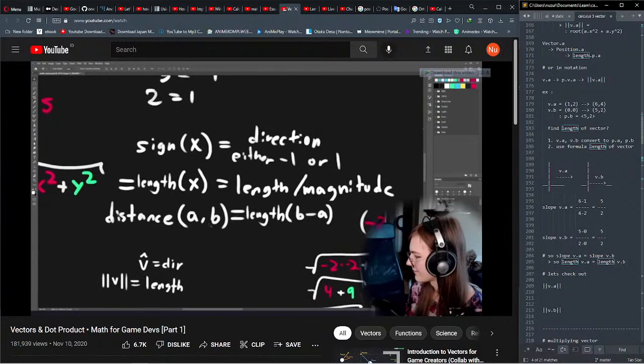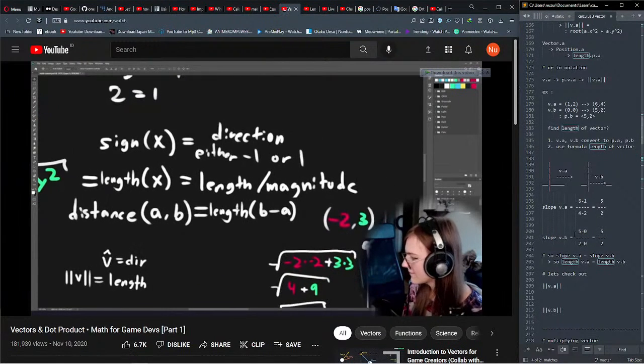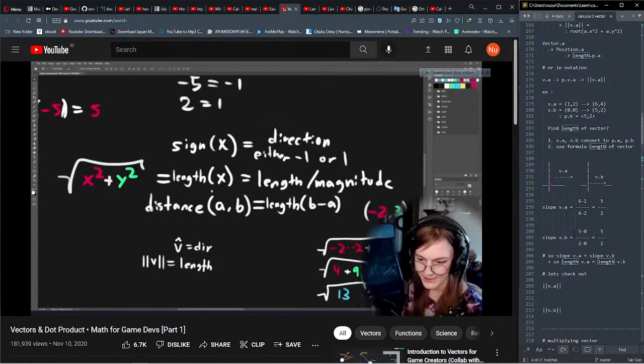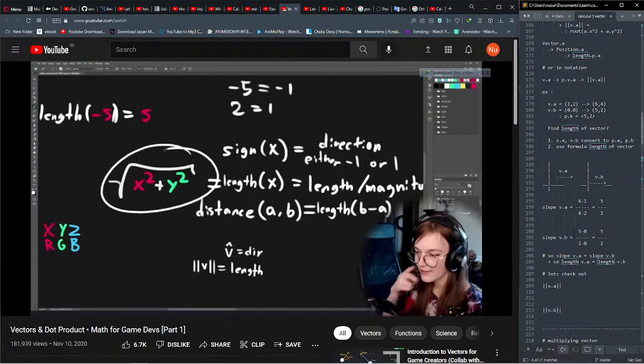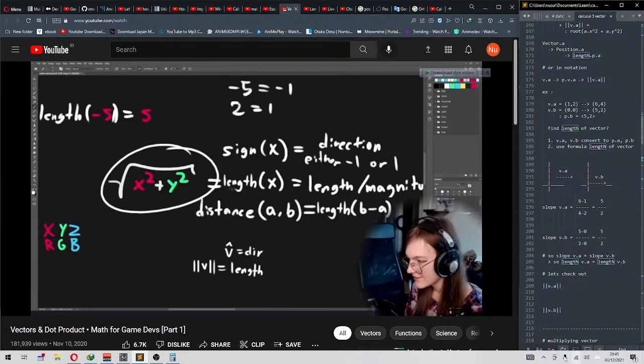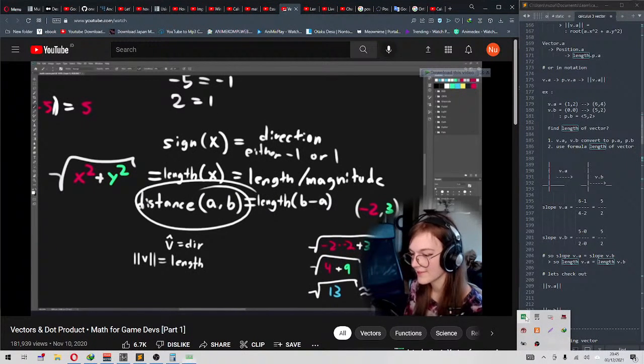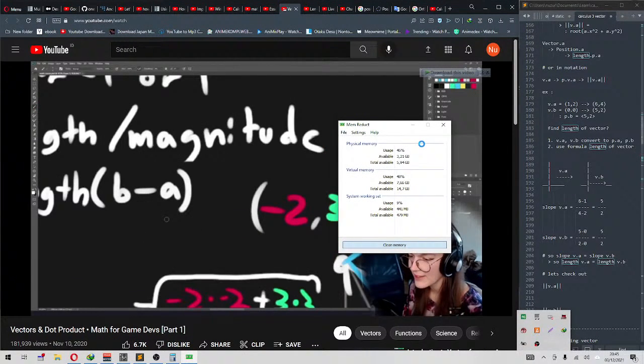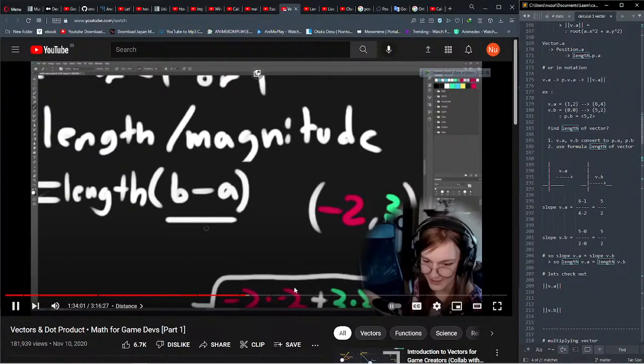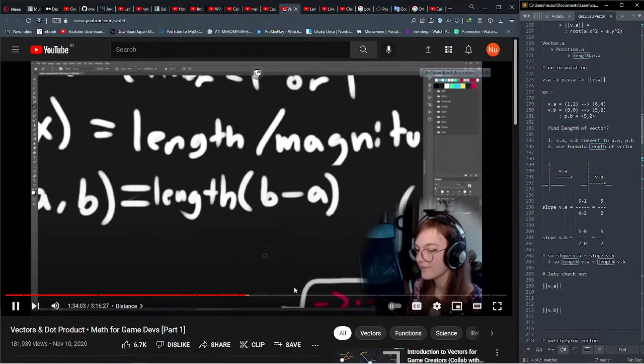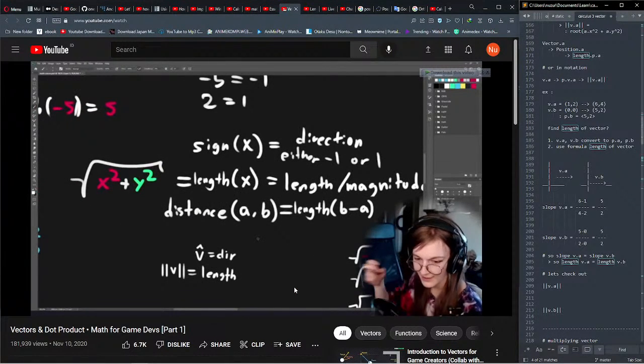Cool. All right. So basically, this is how you get the length. If you want to get the distance between 2 points, then you subtract the points, one subtracted by the other, and then you get the length of that vector, and then you get a distance.